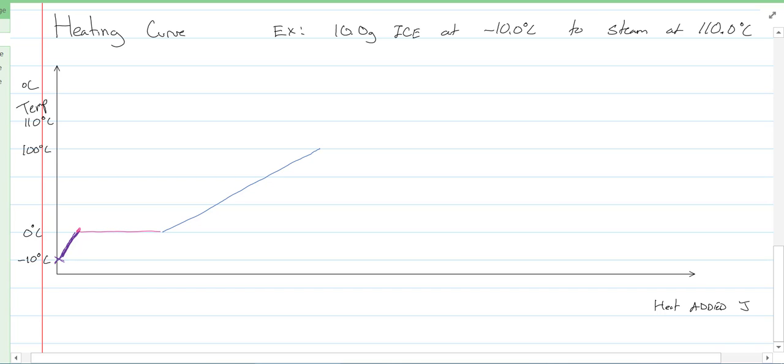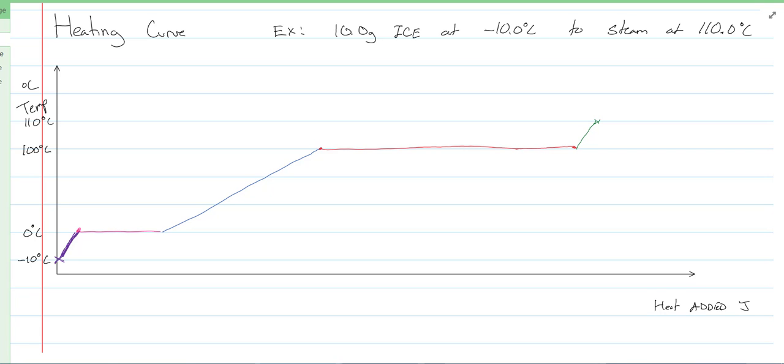Then once it's at 100, it boils. It's going to boil from here, let's go to there, and then it will be a gas. And there is my end.